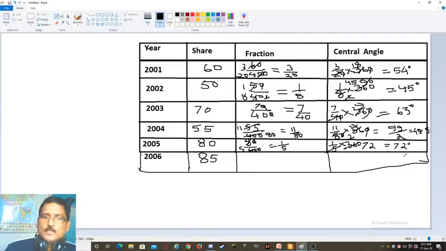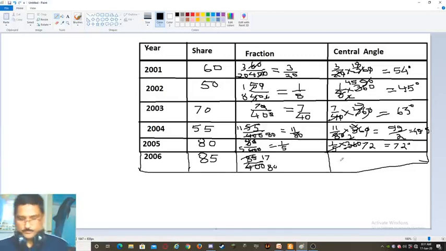Clear? Now next one is 85 upon 400. I can cut only by 5, that is 17 over 80.